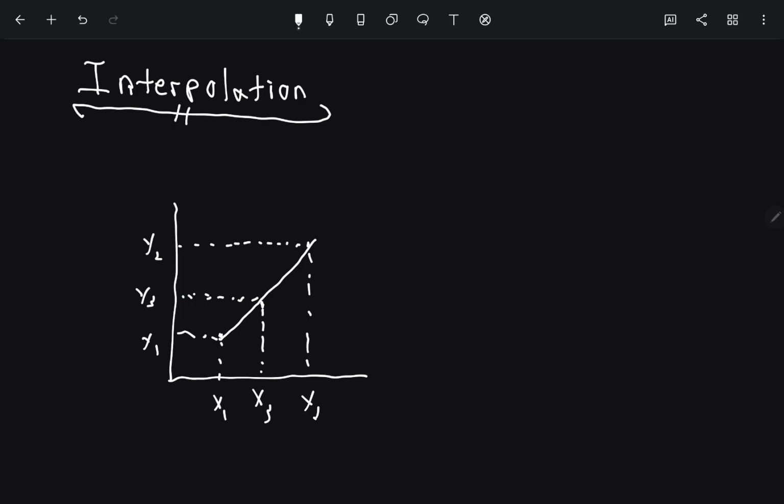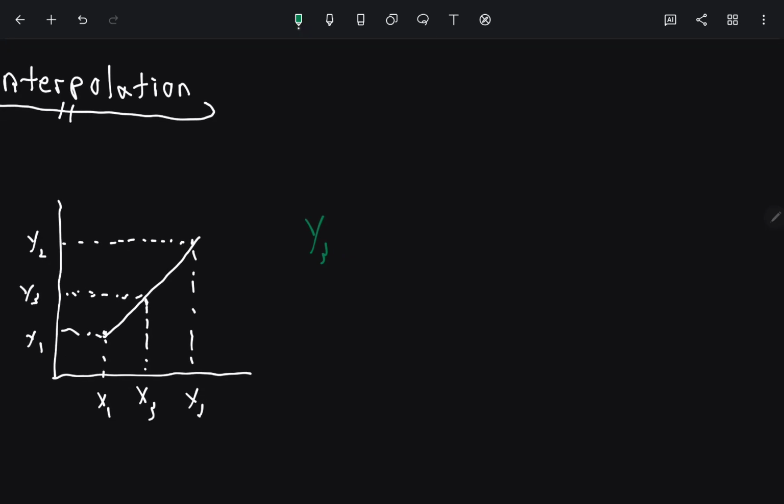So let's figure out how we do this. Our goal is y3. We're going to use these values on the graph here to figure out what is going on. The first thing is we're going to notice this distance here. This is how far along we are, and here is the total distance.